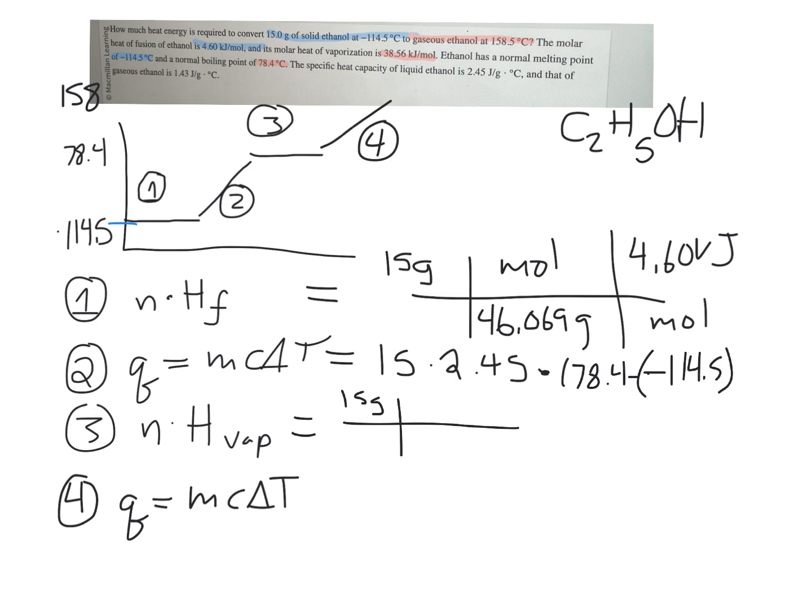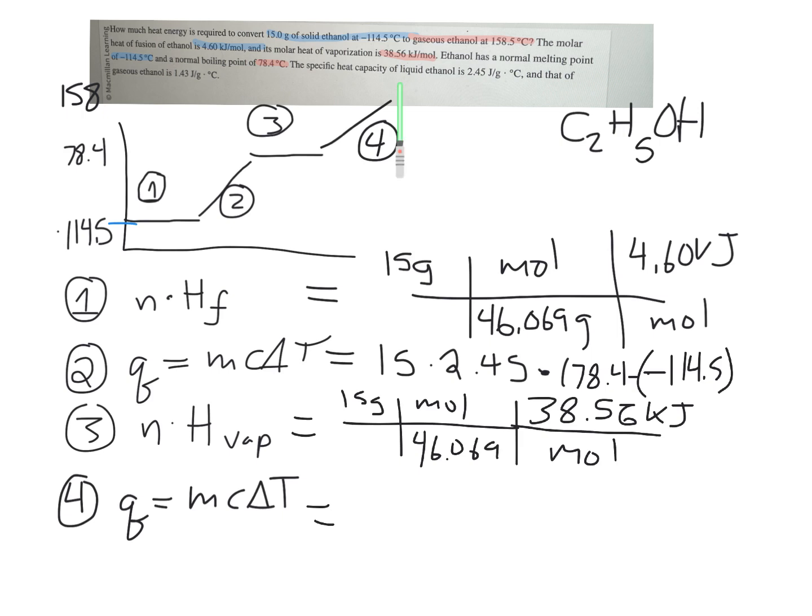And so that gives me, right here, 15 grams of ethanol times that specific heat of liquid ethanol times that change in temperature. That's how much energy it costs to heat up the ethanol, right? And then third step, I need that number of moles again because I need to figure out how much energy it costs to turn that ethanol into a gas in this leg. So I'm taking, again, that 15 grams of ethanol, that molar mass of ethanol, converting it to moles, and multiplying by that molar heat of vaporization.